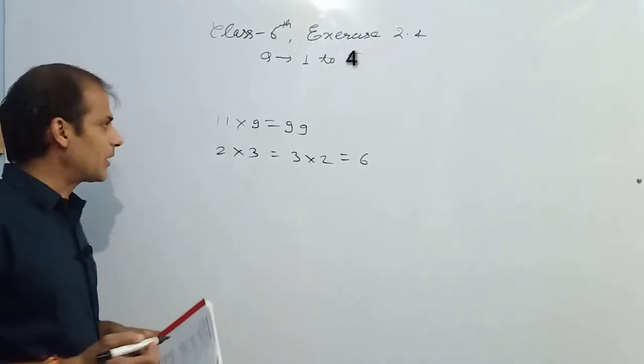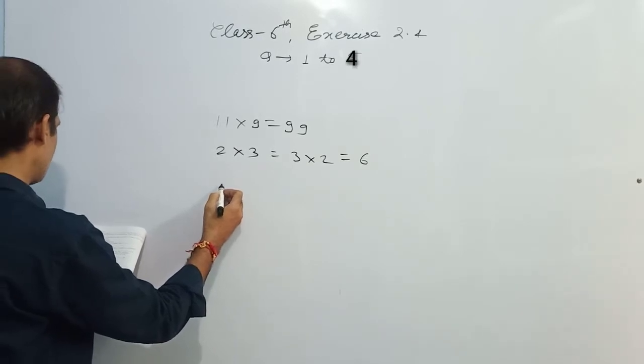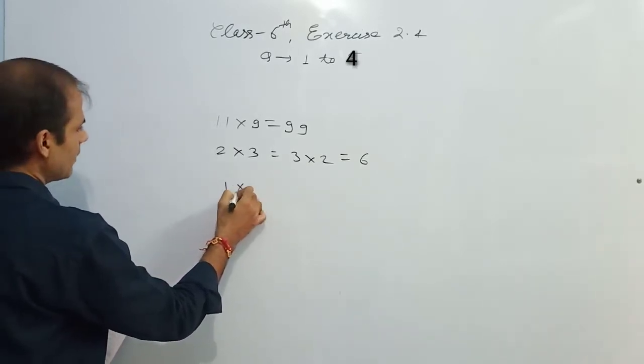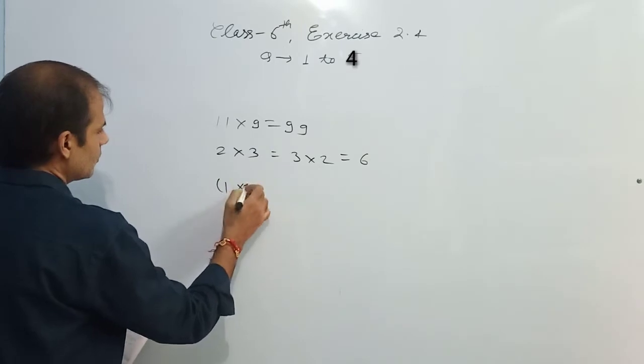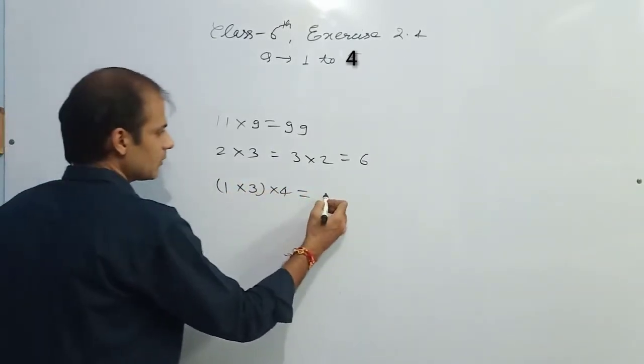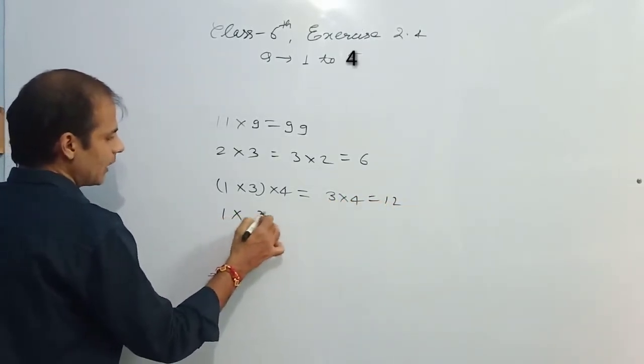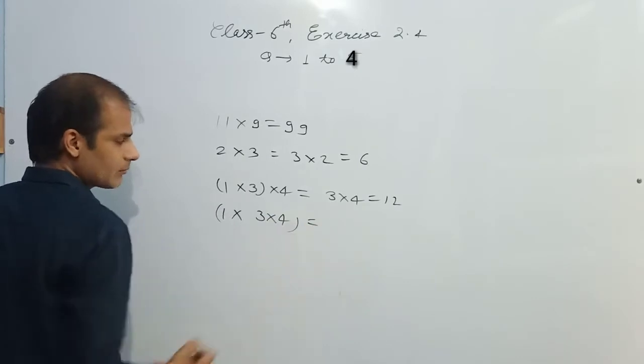Then associative property. Okay, associative property. So if you multiply 1 into 3 into 4, so 1 and 3 are grouped, it will become 12. And if you group 3 and 4, so it is called regrouping.